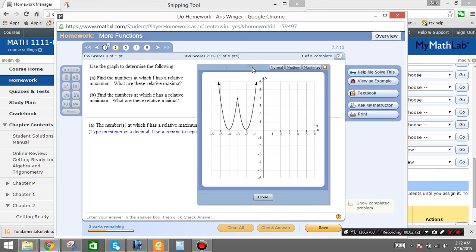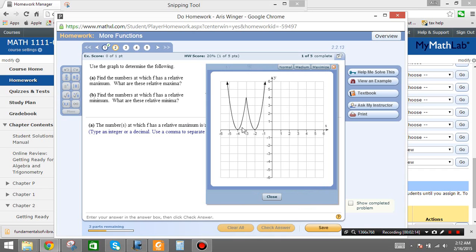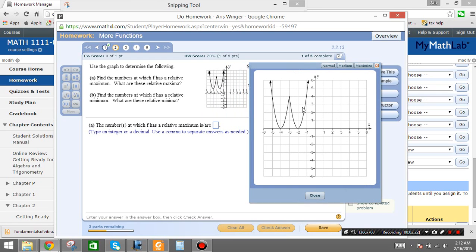A relative maximum or minimum is basically a hump, a place where you are the largest in that area. A relative maximum is a place where you're at a peak on the graph. Here there is a relative maximum at negative 3.